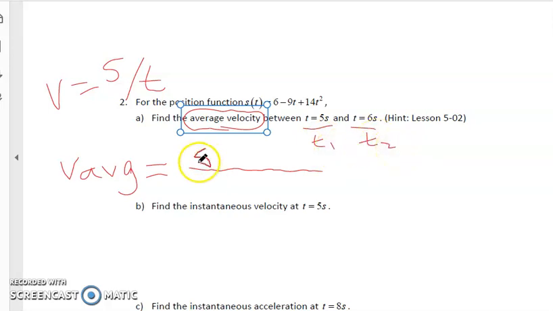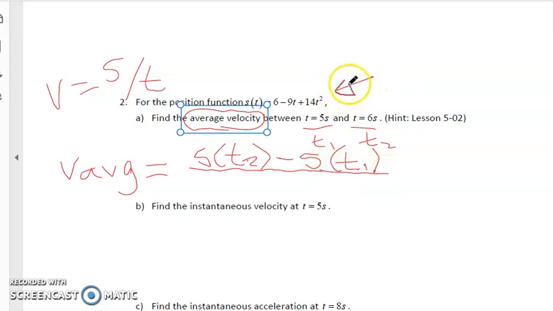You would have to find the distance traveled at t2 minus the distance traveled at t1. Now you would get those by putting 5 and 6 into your distance function, into your displacement function, and then on the bottom it's just t2 minus t1. So it's like getting your rise over your run. Distance on the top, time on the bottom.